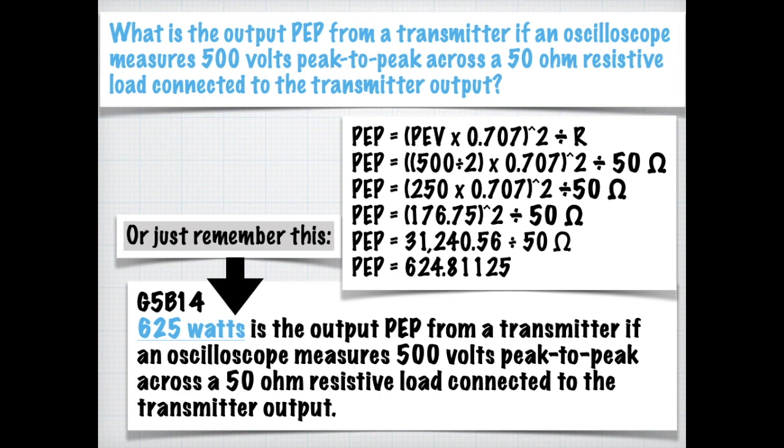So you round that off, and it's 625 watts. So you could just remember that 625 is the output peak envelope power from a transmitter if the oscilloscope measures 500 volts peak to peak across a 50 ohm resistive load connected to the transmitter output.